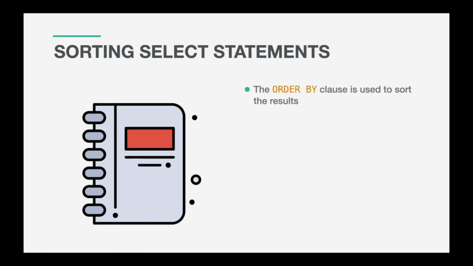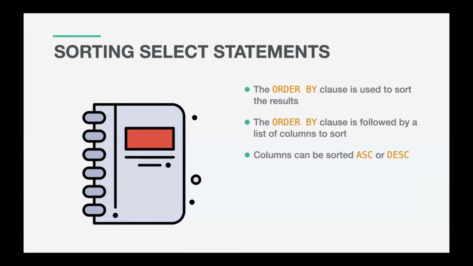This is used, again, to sort results. We sort results by a column, so we specify which column, or columns, that we want to order by. You can sort by multiple columns if you wish. Columns can be sorted in ascending or descending order, and you would use the ASC or the DESC keyword to specify which order you want.